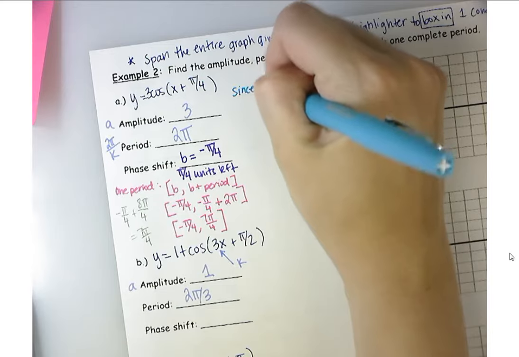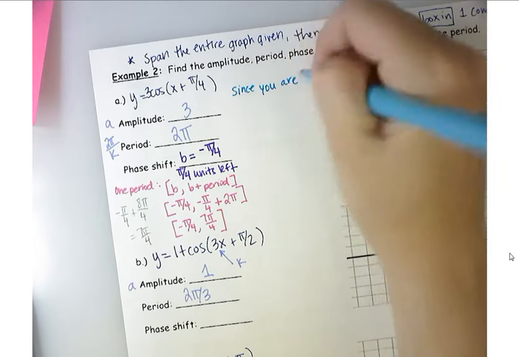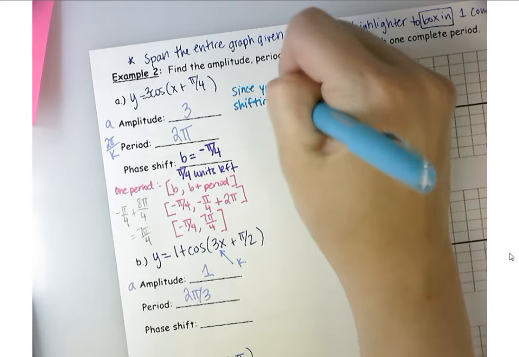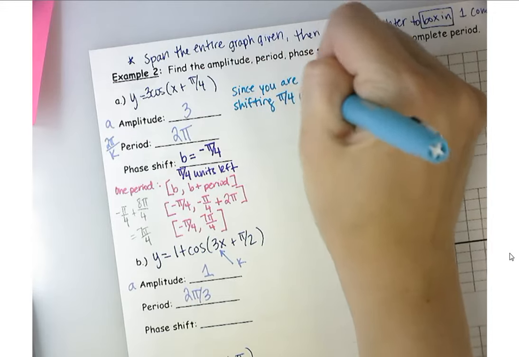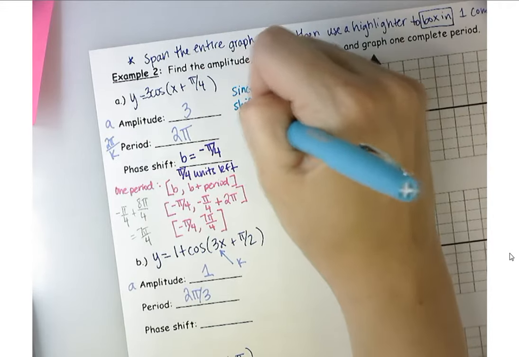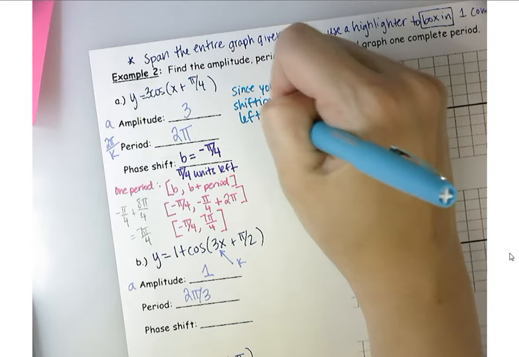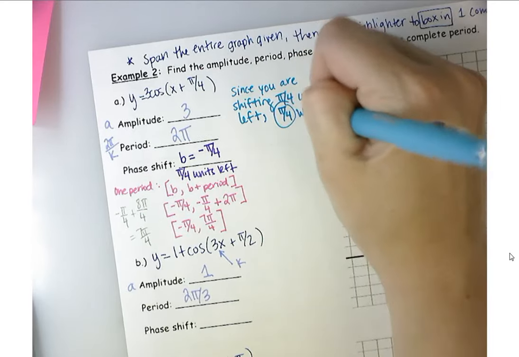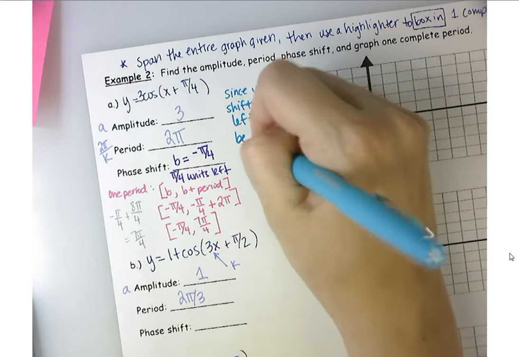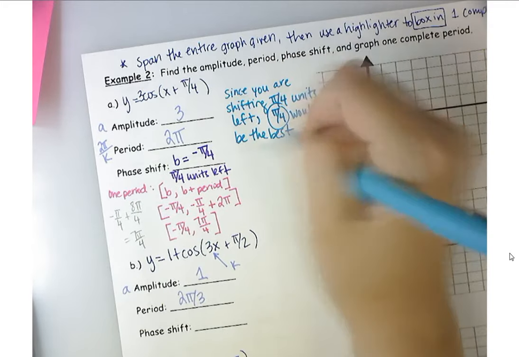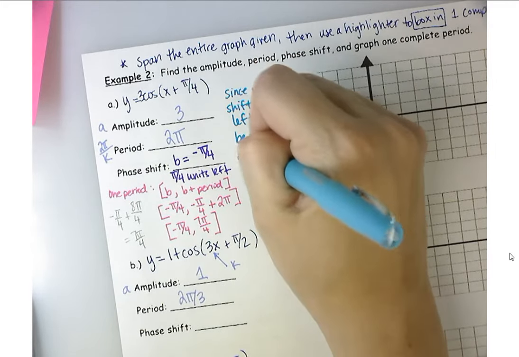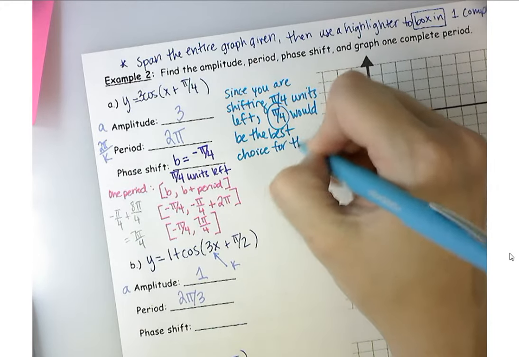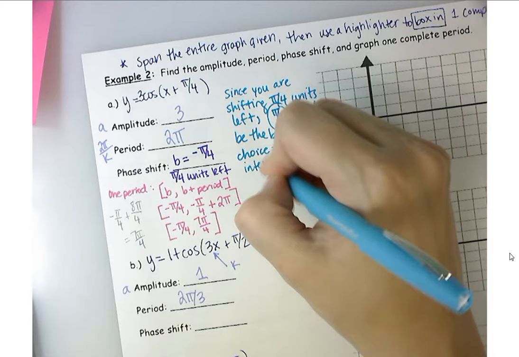Since you are shifting pi over 4 units left, pi over 4 would be the best choice for the intervals on your x-axis.